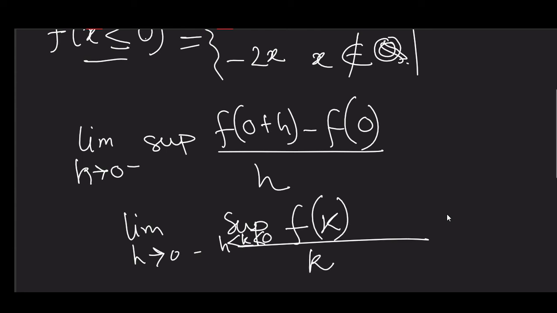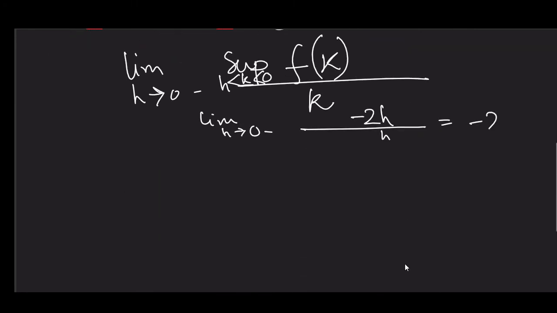So if that is the case, then finally limit h tends to 0 minus gives minus 2h by h, so you will get minus 2. So D dash, in this case, D plus f of naught is not equal to D minus f of naught. You are getting a certain idea.